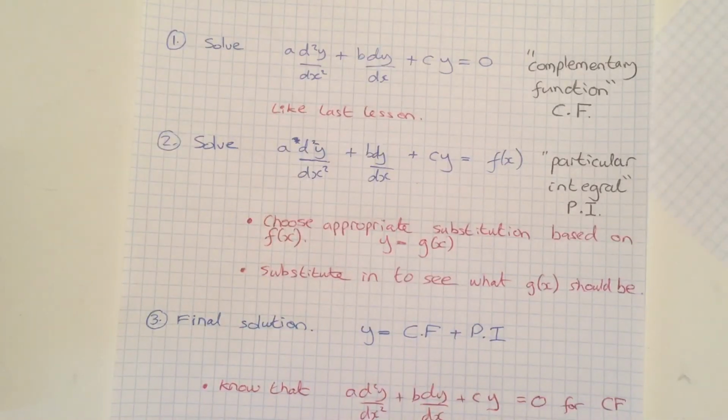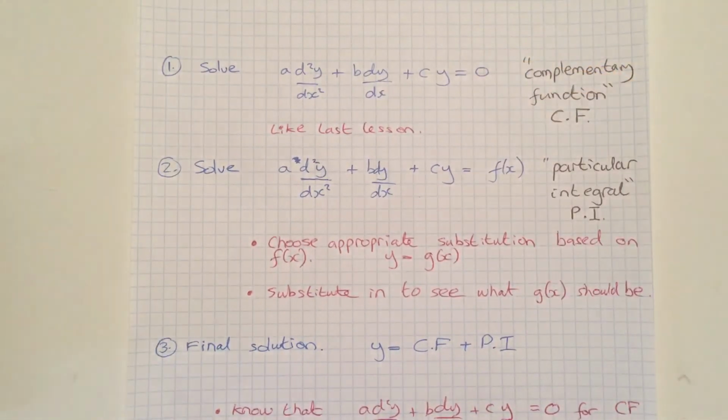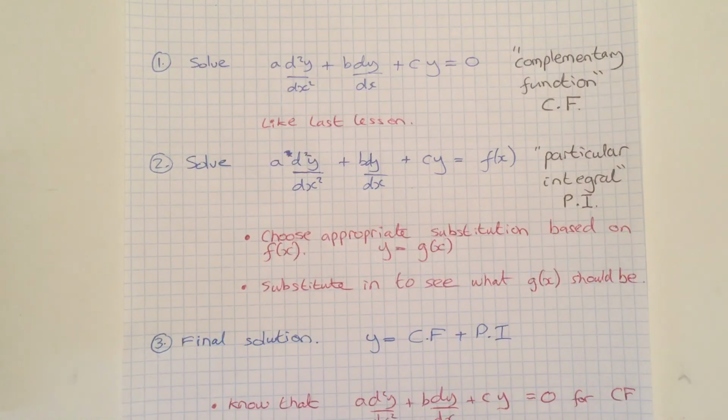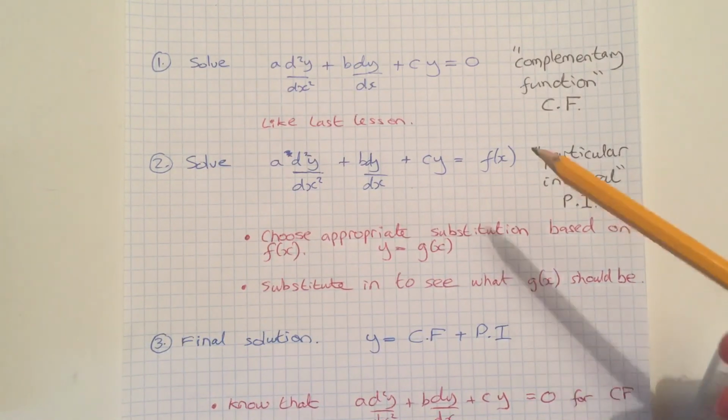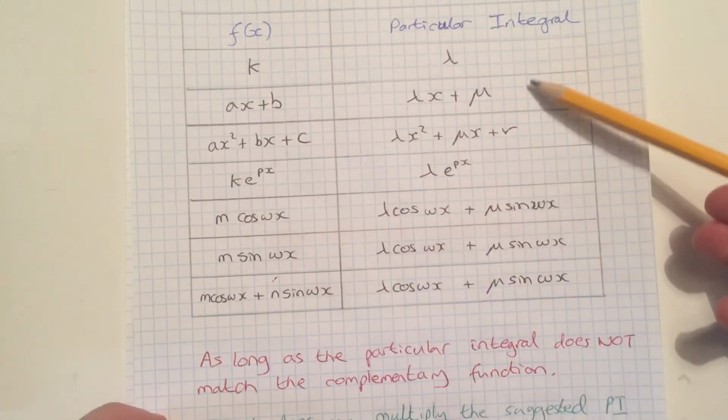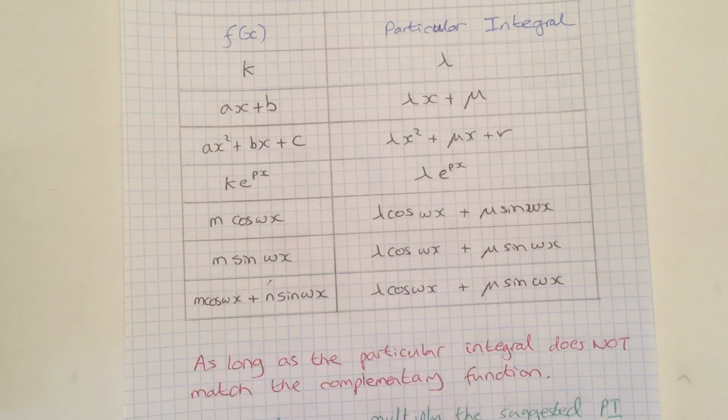So, key things, 3-step process. Start off by doing exactly what we did last lesson, where we make it equal to 0 and you find the complementary function. Then you look at the f of x there, and depending on what it is, you take a guess at what the particular integral should look like.